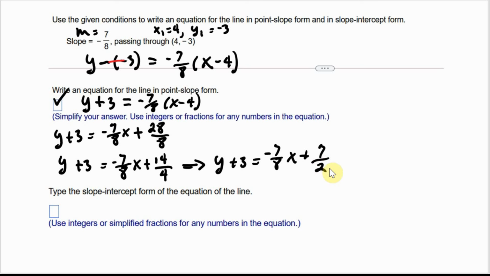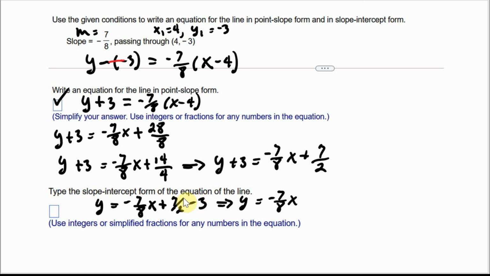All right. And then we're going to add 3 to both sides. So we have y is equal to negative 7 over 8 times x, plus that 7 over 2, and then this is minus 3. So this implies that y is equal to negative 7 over 8 times x. So this is 7 over 2 minus 6 over 2.